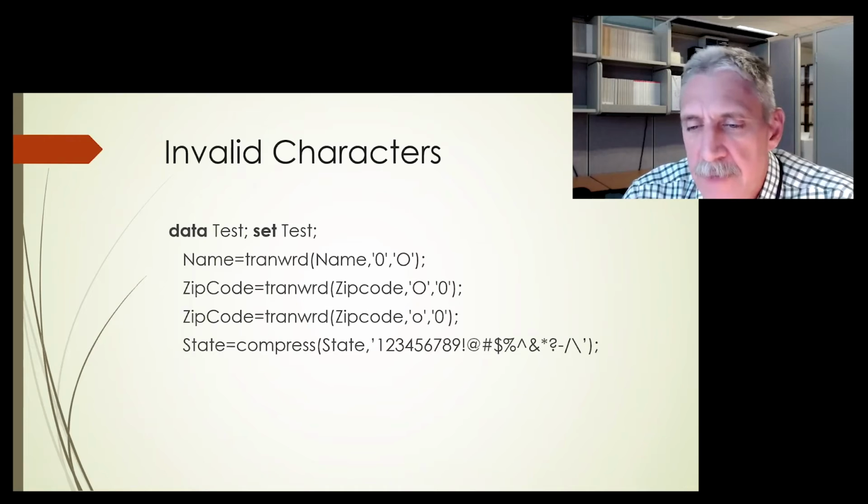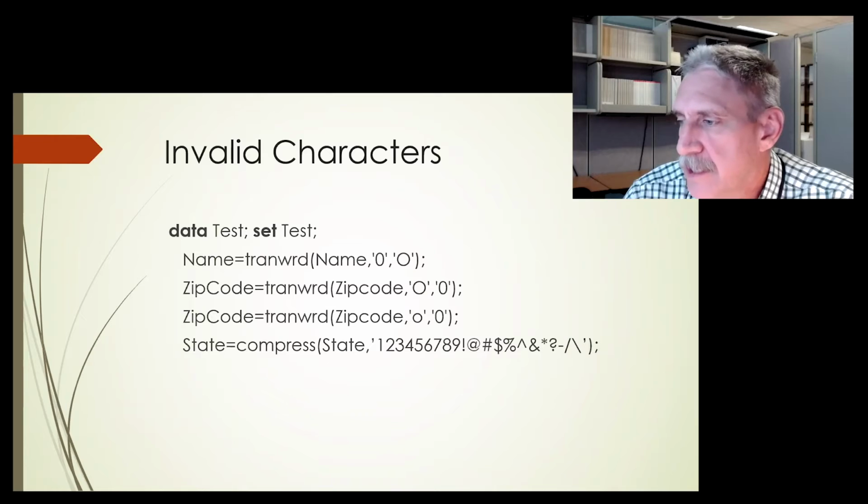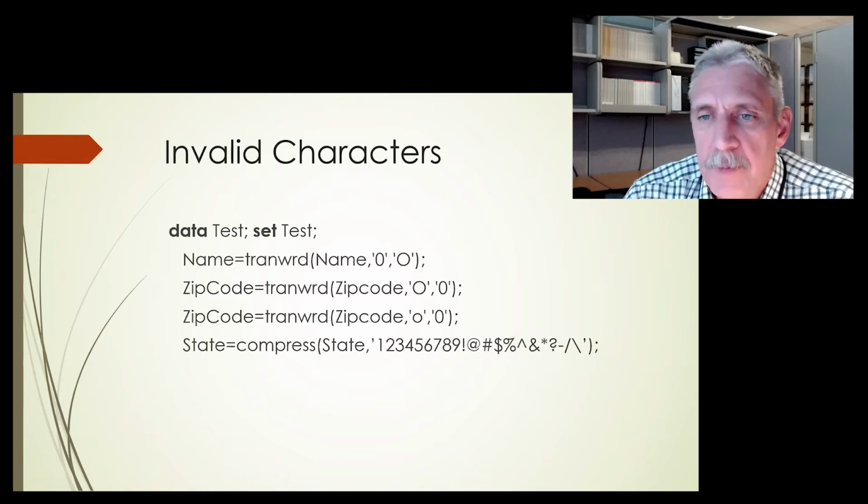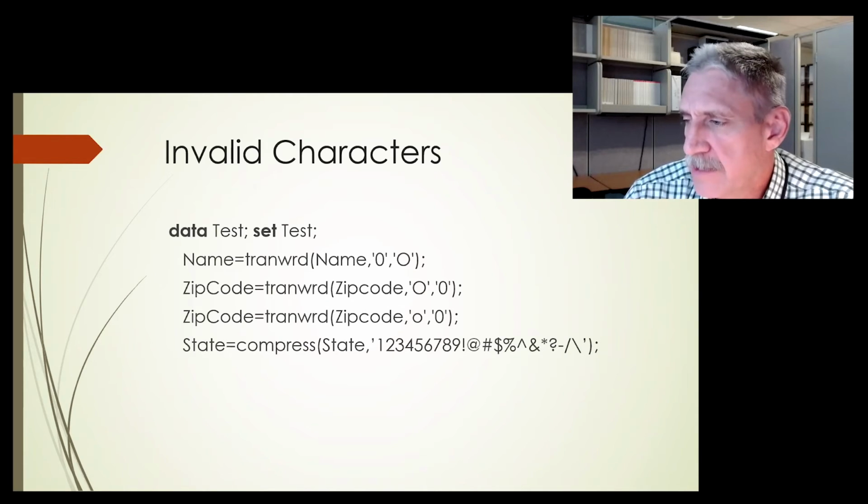State, it doesn't matter if it's a name or an abbreviation, it should be all letters. So you can use the compress function to remove anything that is not a basic letter. Note that I don't have 0 in there on state. M0 is probably MO for Missouri. So you would actually want to correct that first.